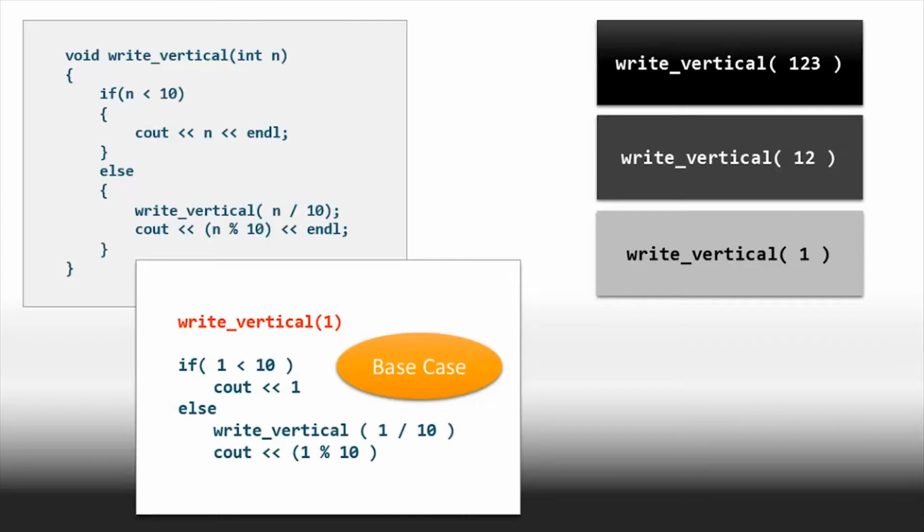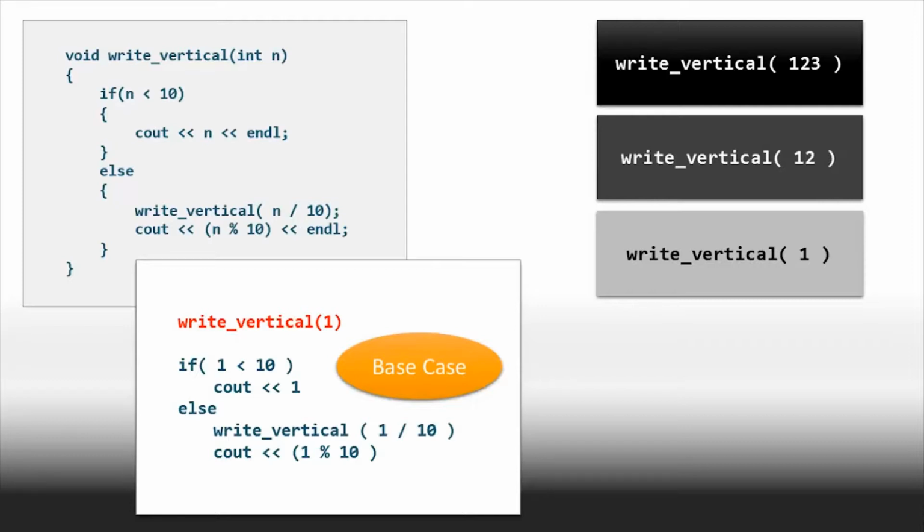And then you see that once I have completed the function call, now the cout statement can begin to process, and it will go cout 1 in the base case, and then cout 2 because 12 mod 10 is going to put the 2 out on the screen, and then 123 mod 10 is going to output the 3 onto the screen.